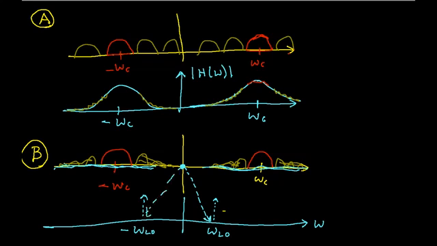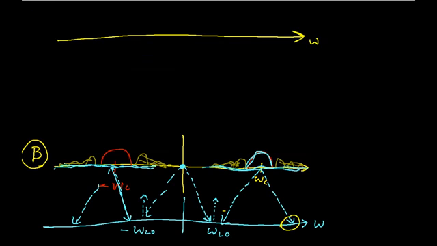So I get a copy of the stuff at omega c that I want moved up in frequency, and a copy moved down in frequency. The same thing happens with the stuff at minus omega c that I want. So what does this look like when we're done?